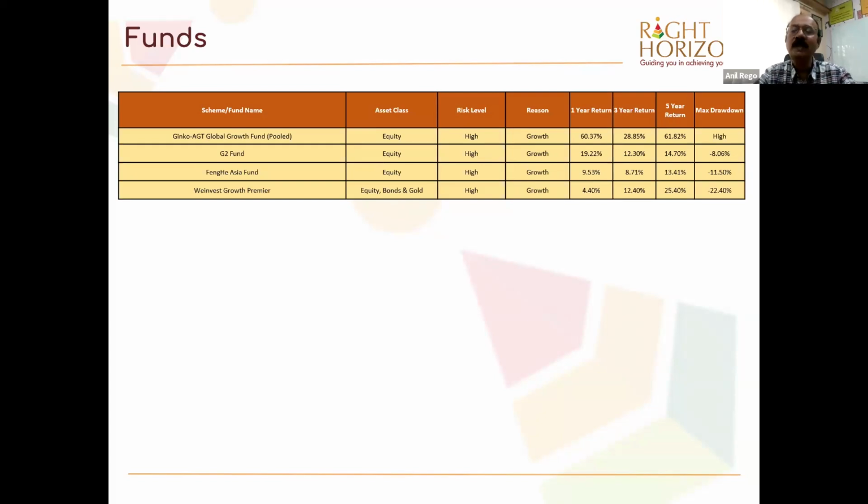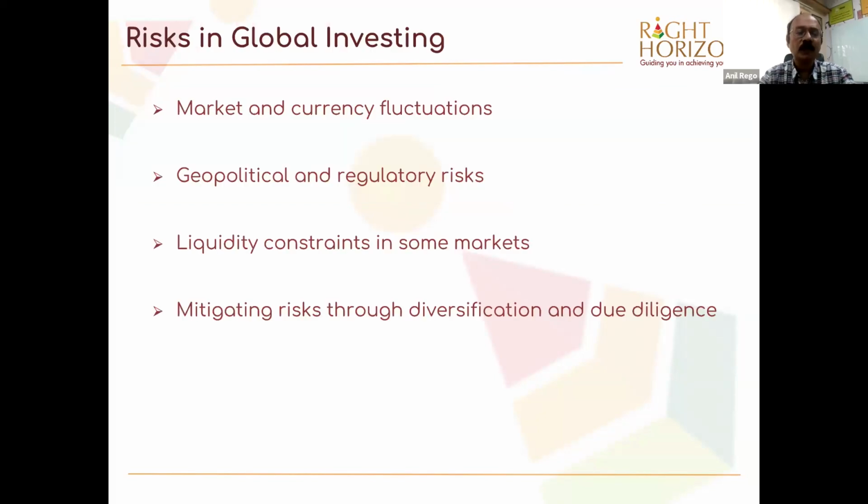So I'm just saying that I will be very, very cautious about a fund with past returns of 61.82%. That's the limited point I'm making, while we invest into funds that deliver great past returns.